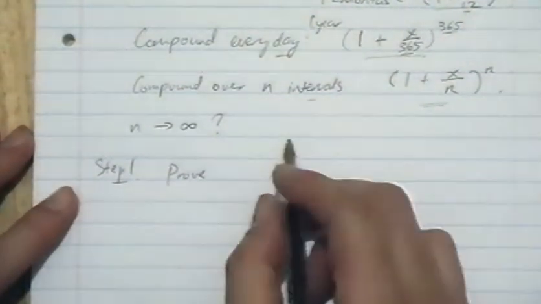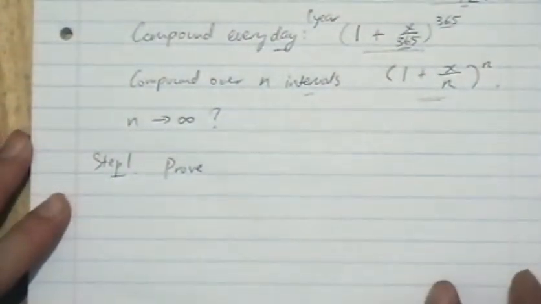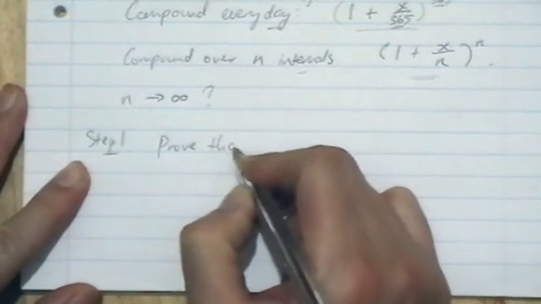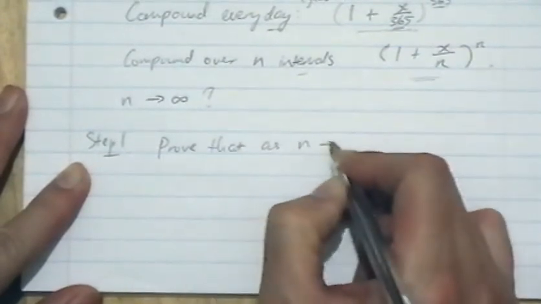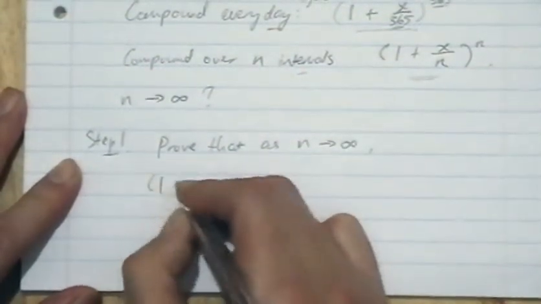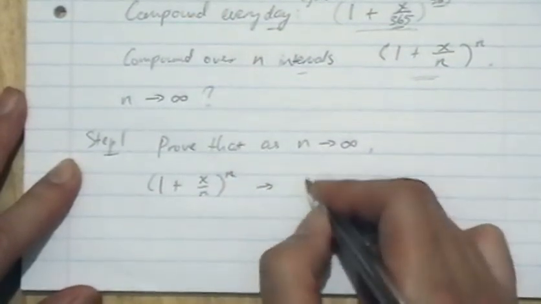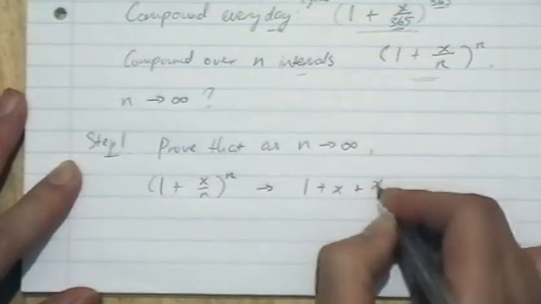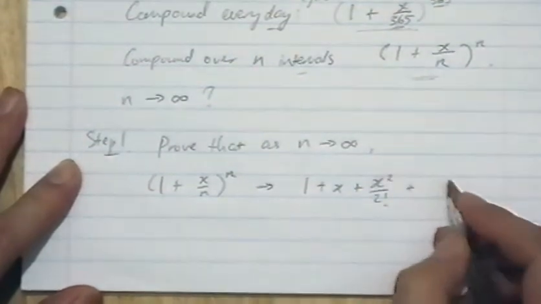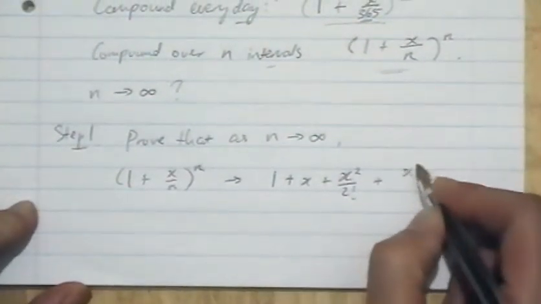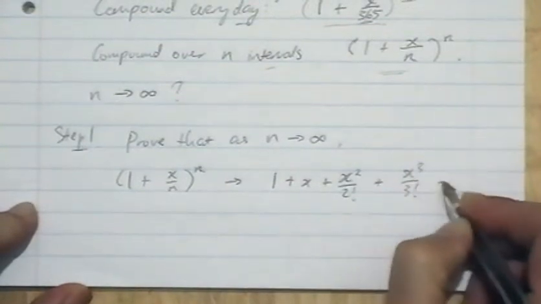Alright, in step 1, I shall prove that as n goes to infinity, this (1 + x/n)^n goes to 1 + x + x squared over 2 factorial + x cubed over 3 factorial + dot dot dot.